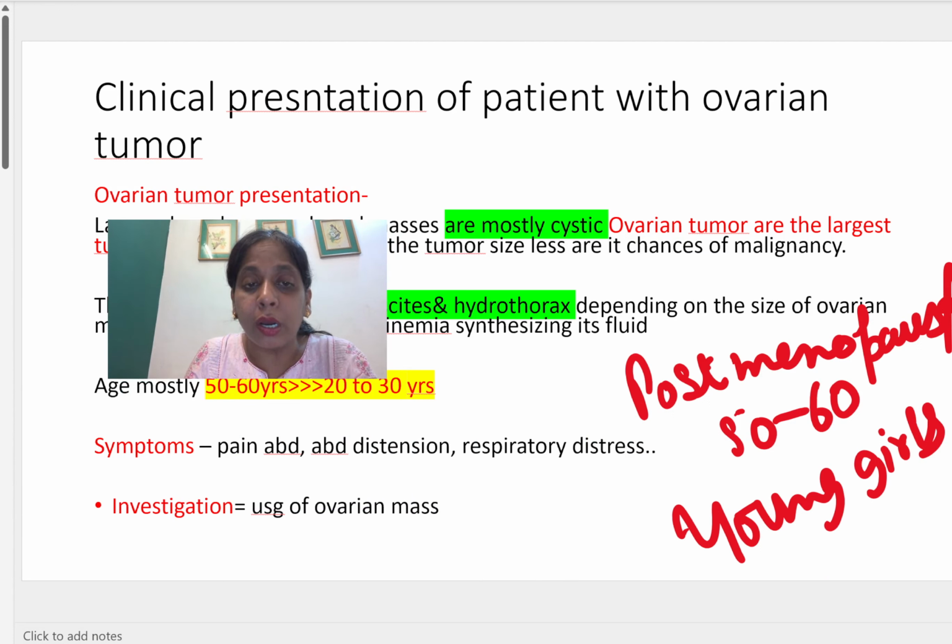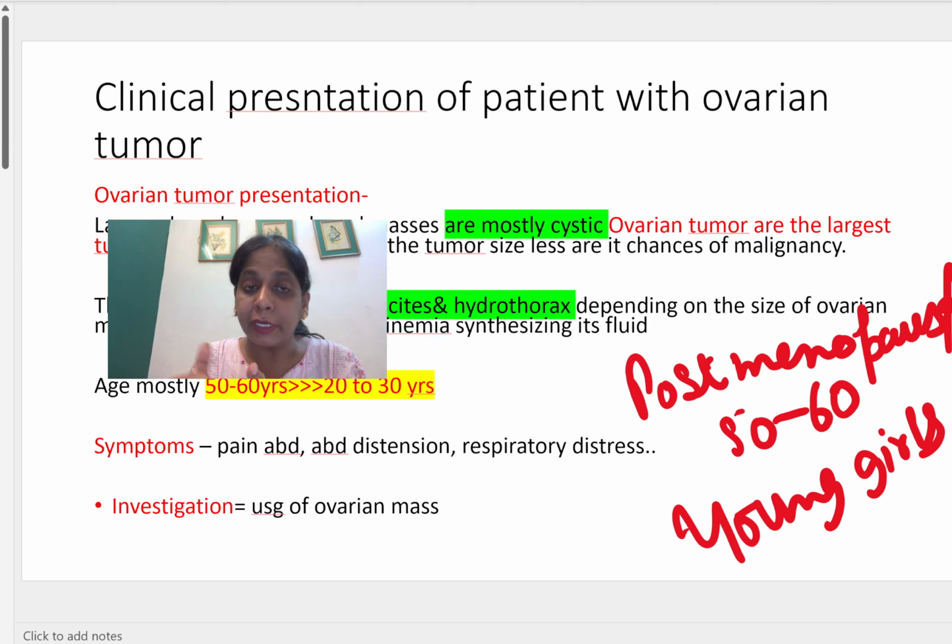So what are the investigations? Of course, when such a patient comes with such complaints, we will examine the patient, and on PA or PV we will find a mass. One question more was left: what would be the symptoms of a patient with such a large mass?